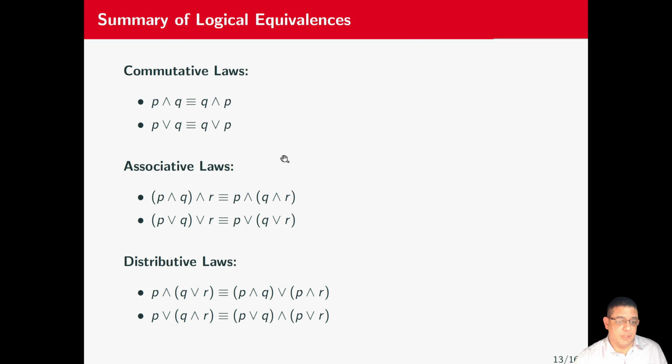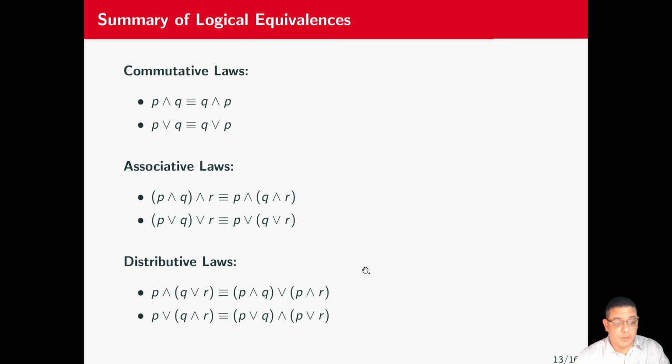Associative laws: if you have P and Q and R, that's the same as P and Q and R grouped differently, so who goes first doesn't matter if everything is an and. If it's an or, it's the same thing: P or Q or R is the same regardless of grouping.